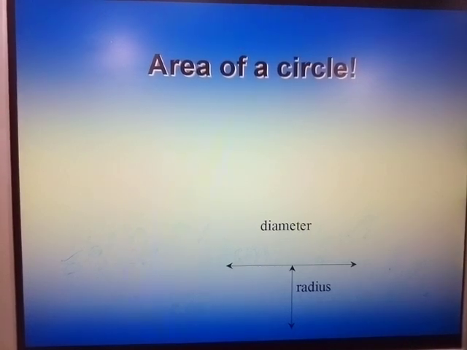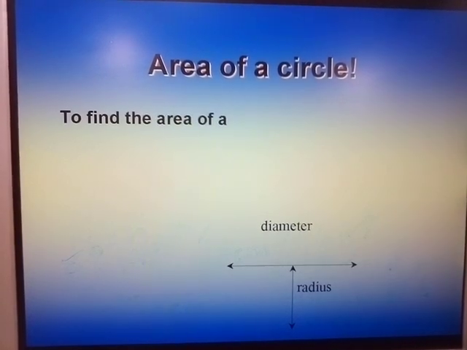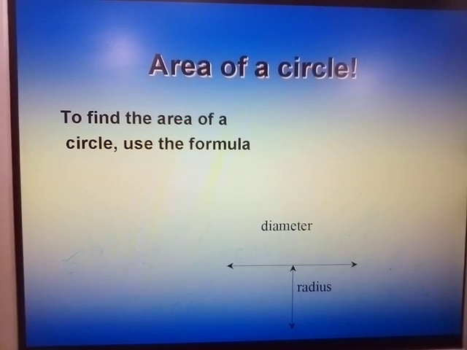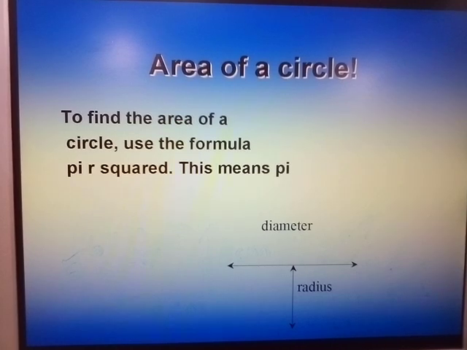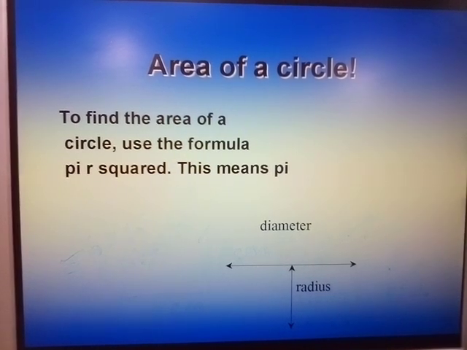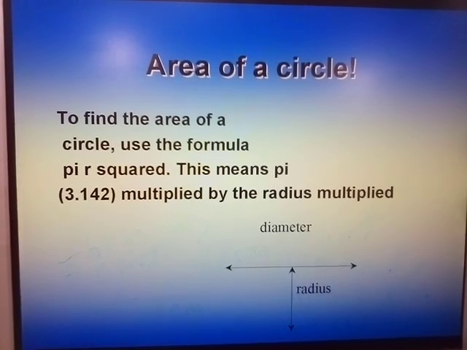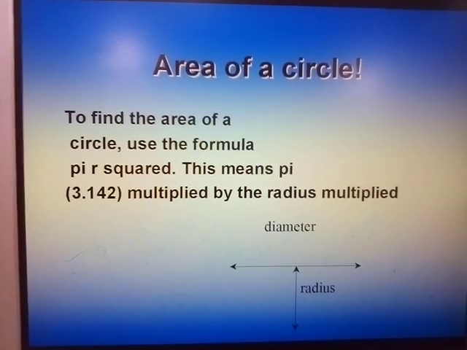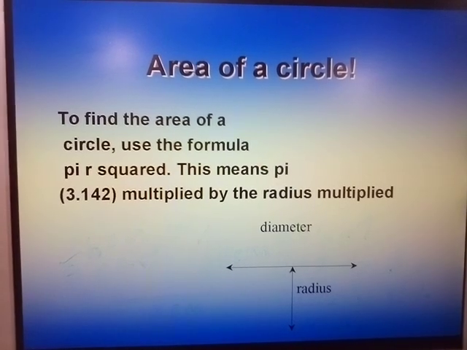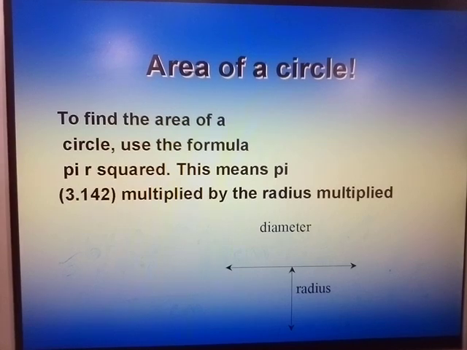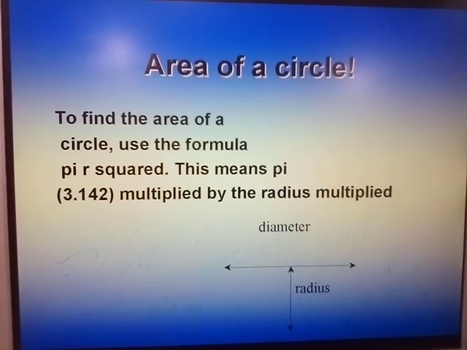Area for circle. Okay. To find area of a circle, use the formula pi r squared. This means pi 3.142, and we take pi as 3.142 because in engineering that's the figure we use, and that is universal. Don't use the whole combination of digits in regards to pi on your calculator.